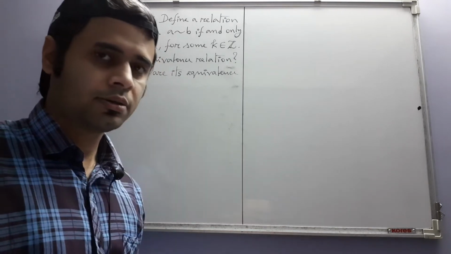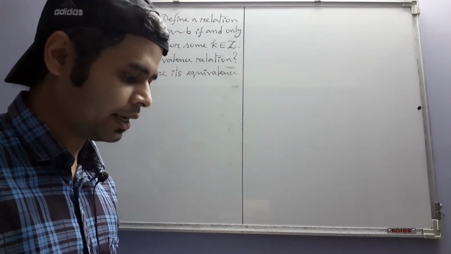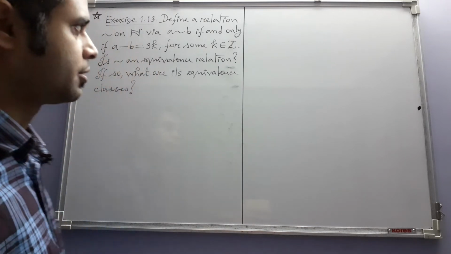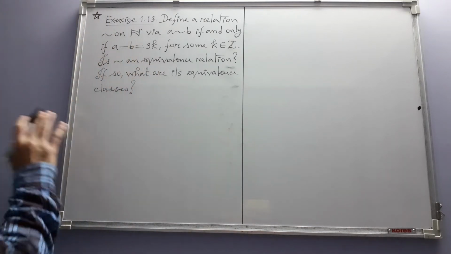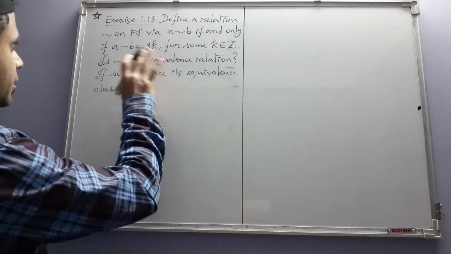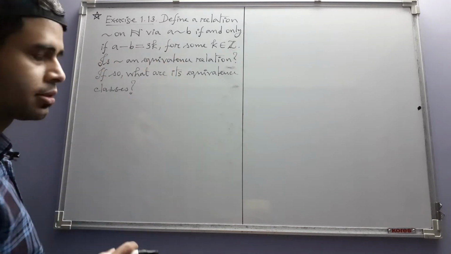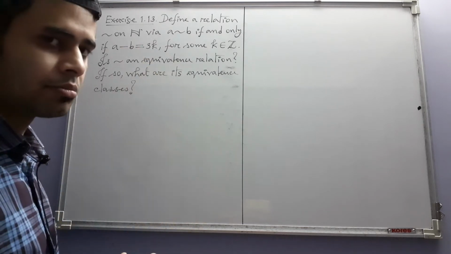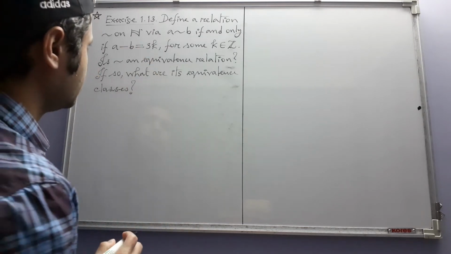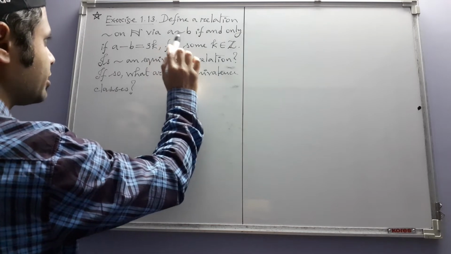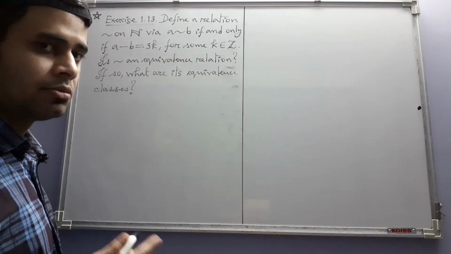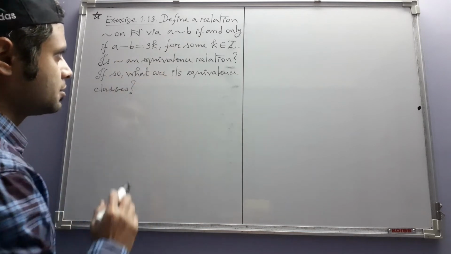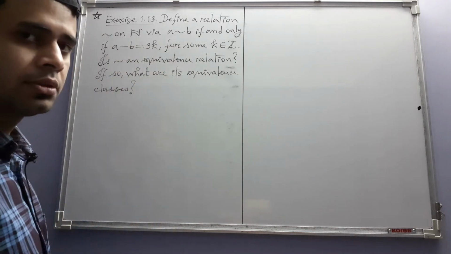Let us now look at the next set of exercises on equivalence relations. So the 13th one, here we are given this relation which has been defined on the set of all natural numbers, that is all positive integers, and two natural numbers a and b are defined to be related if their difference is a multiple of 3.